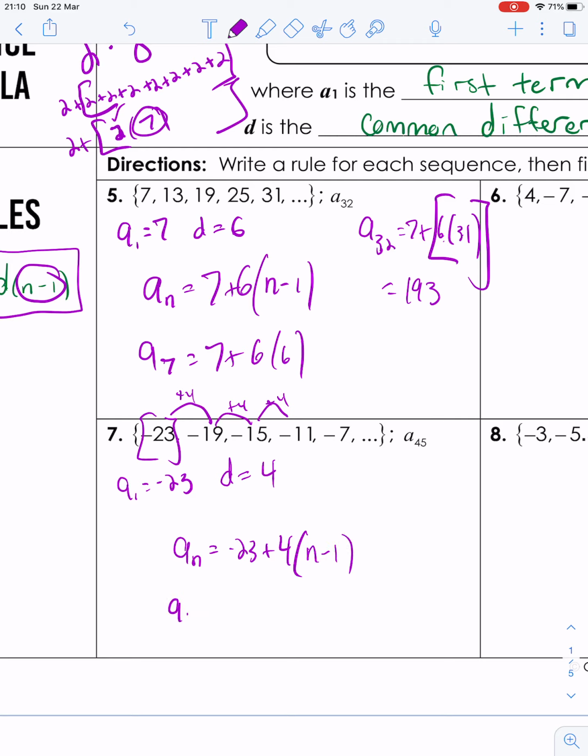So if we had A of 45, we have negative 23 plus 4 times 44. Because we're not going to the 45 times, we are going 44 because we have our starting point of negative 23. And this is going to be negative 23 plus 4 plus 4 plus 4 plus 4 plus 4 plus 4, 44 times.